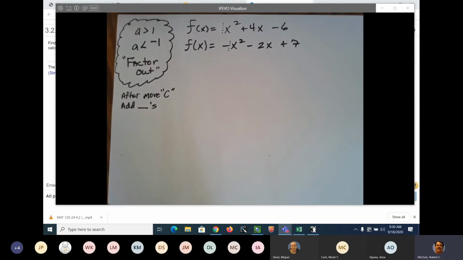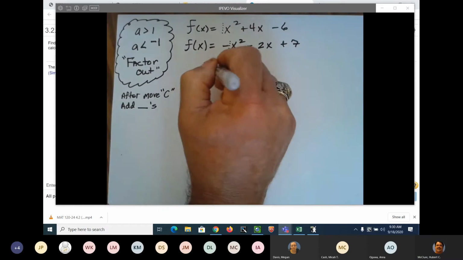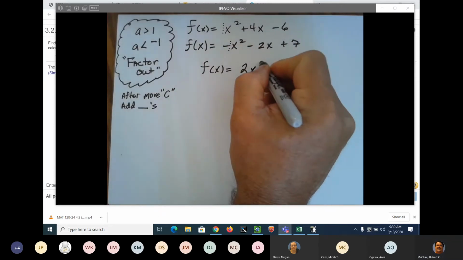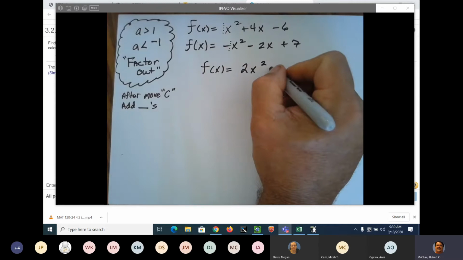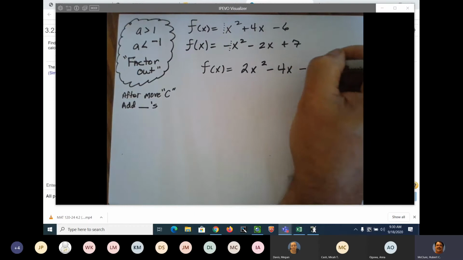So we're going to start easy with a positive a, and we're going to start real easy. So here we go. f(x) is equal to 2x squared minus 4x minus 7.